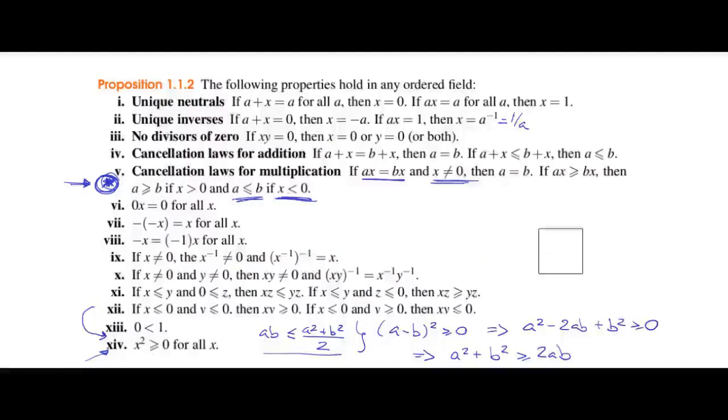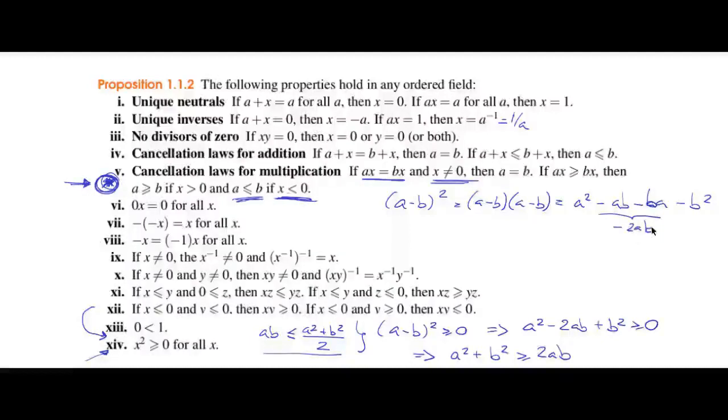Okay, and then for instance, if you don't know these, these are things that you need to know. a minus b squared, you prove this using the distributive law. So this is just a squared minus ab minus ba plus b squared, but ab and ba are the same thing because the product is commutative, so this is just a squared minus 2ab plus b squared. And in the case a plus b squared, this is a squared plus 2ab plus b squared.